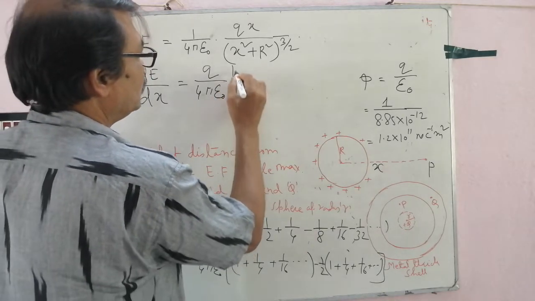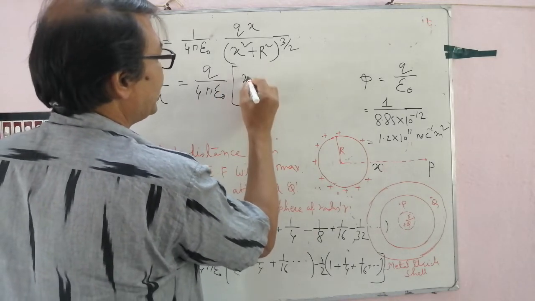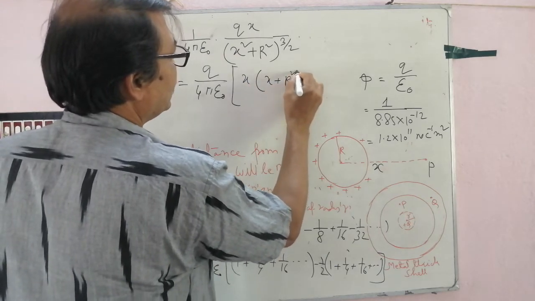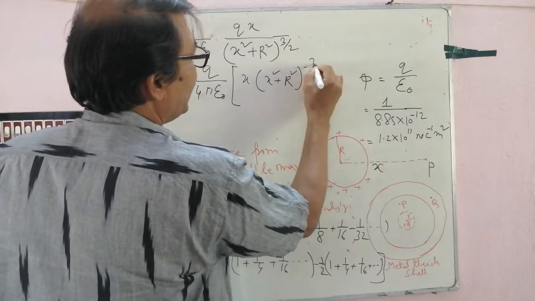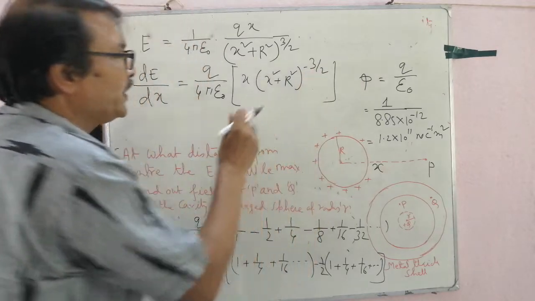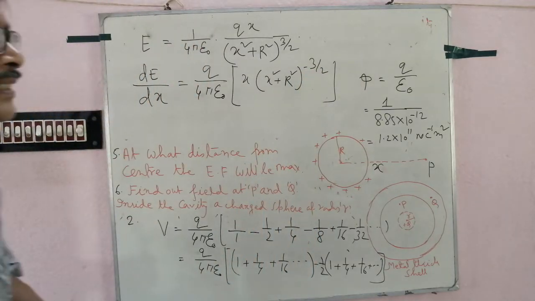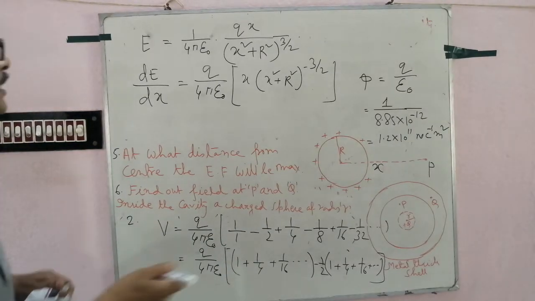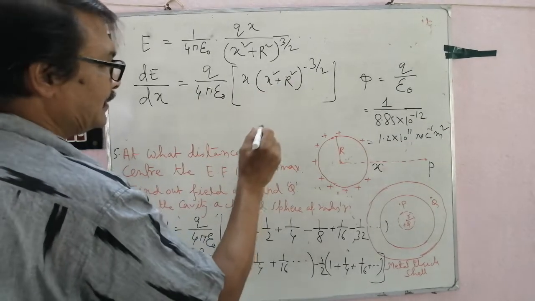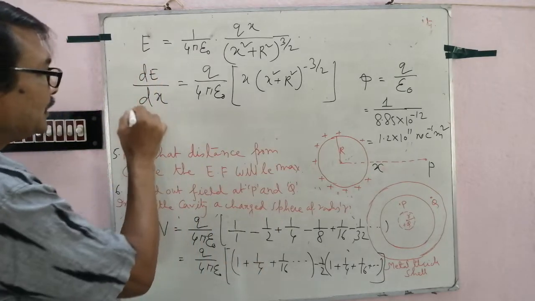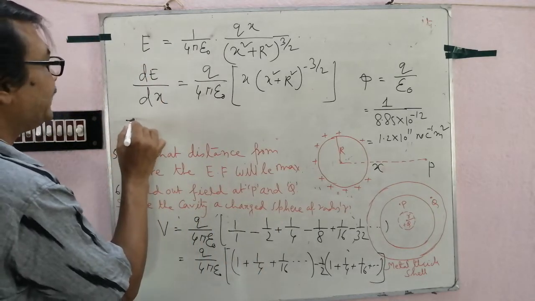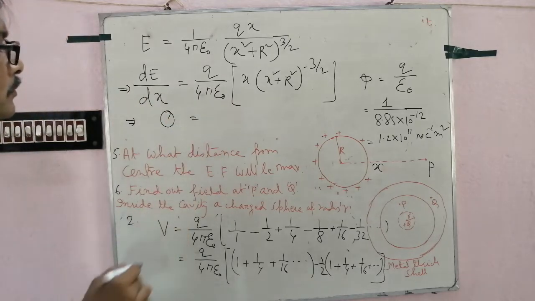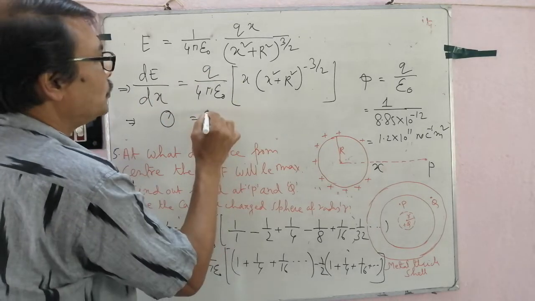Now x times (x square plus r square) to the power minus 3/2, we can write in this way. You may solve it in another way mathematically. The field is maximum when the derivative is equal to 0. That is, in the next line, we can write 0 equal to this form.